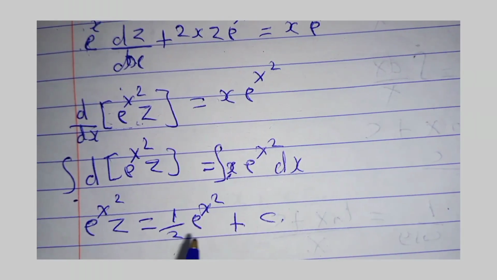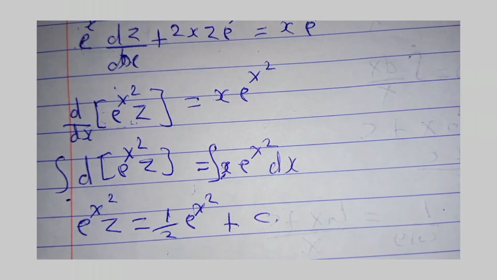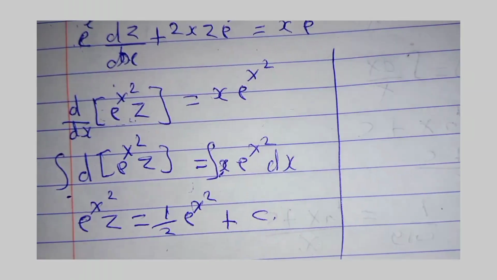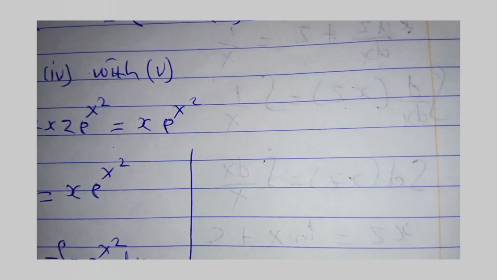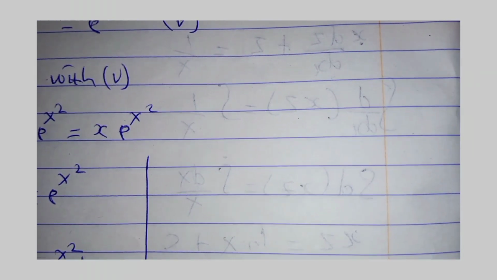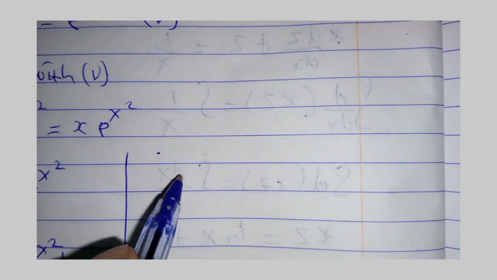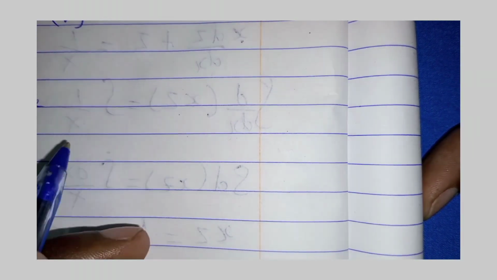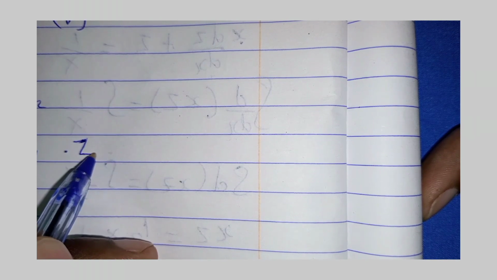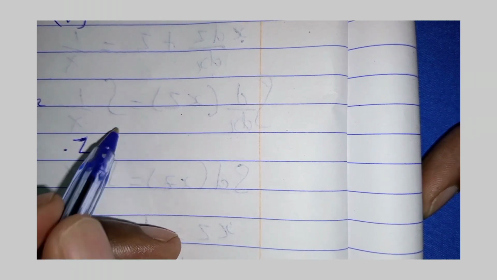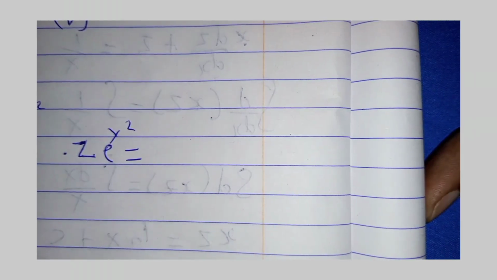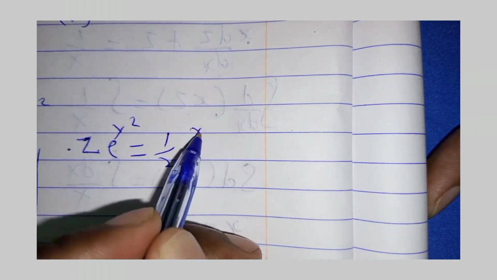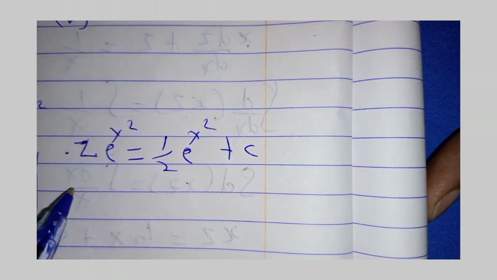On how to integrate a question of this nature, check my YouTube channel so that you can see how it is done. So we have z exponential x squared, which is equal to half exponential x squared plus constant c.